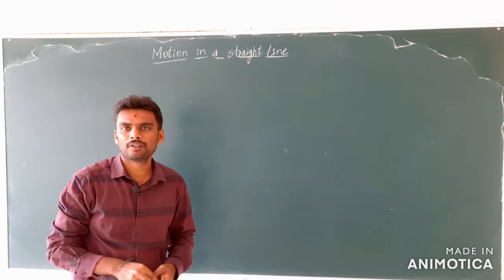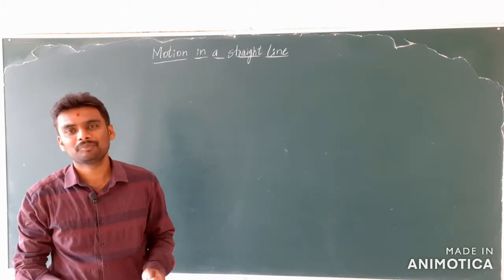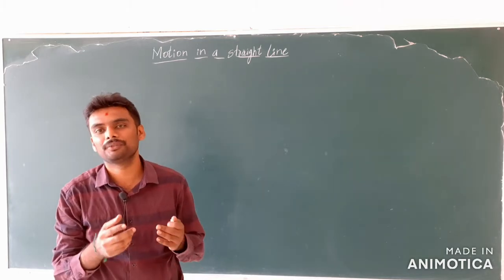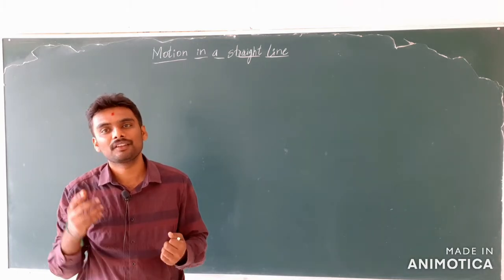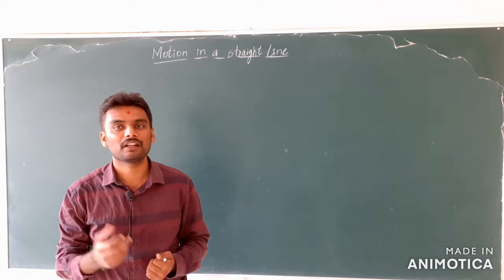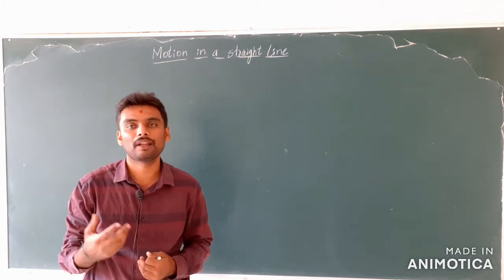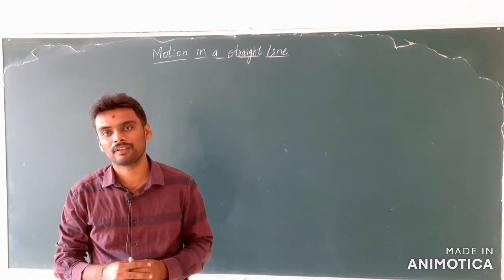So let me take an example and begin, or let me give you an idea what is motion in a straight line by comparing it with motion in a plane and in space.